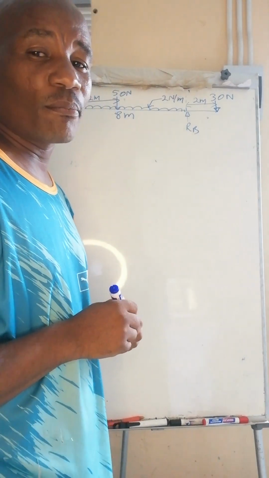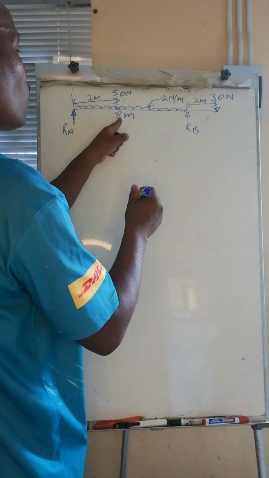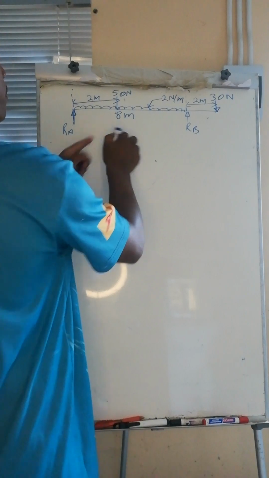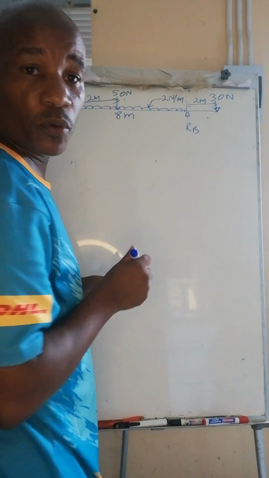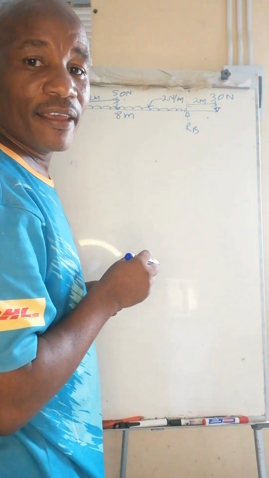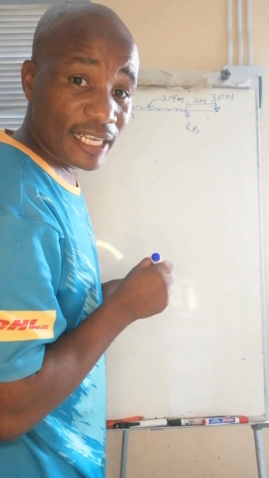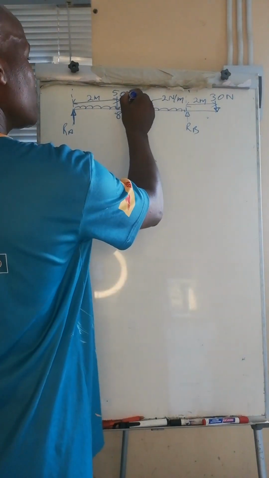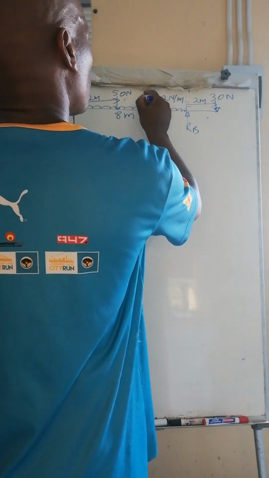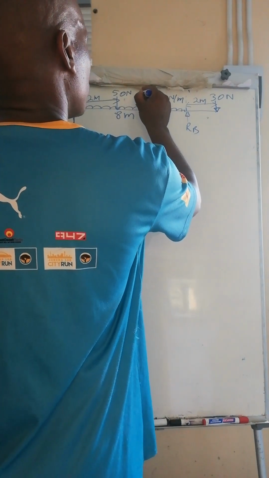That's very important. So it is 8 times 2, which is 16 newtons. And where does it act? It acts at the center of the 8 meters, meaning it divides that part of the beam into 2 parts of 4.